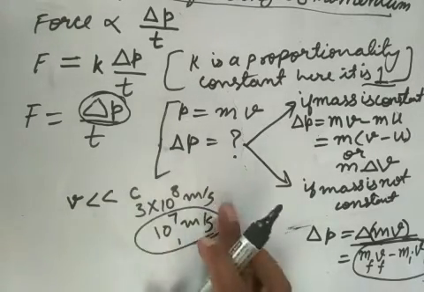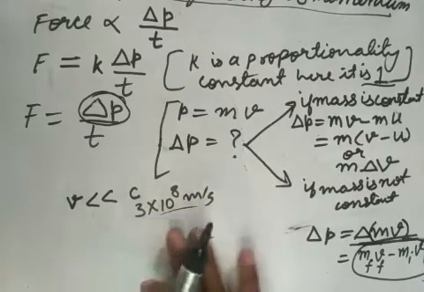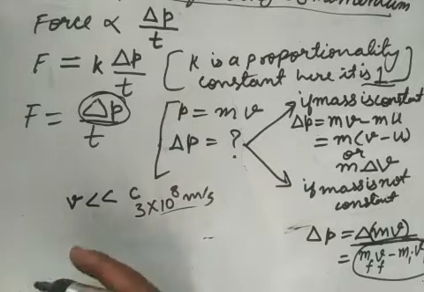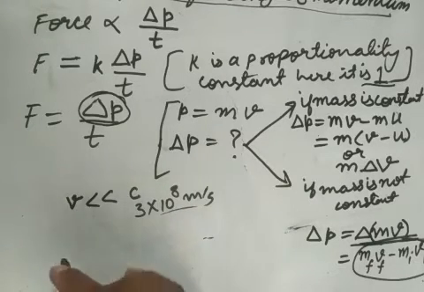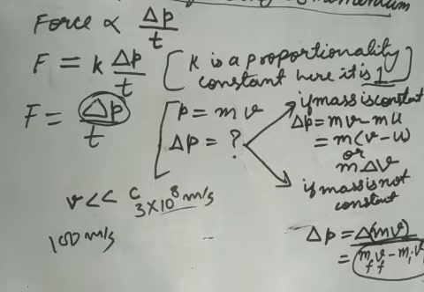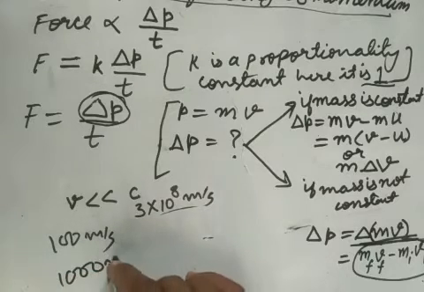If v is very much less than c, that is the speeds which we often deal with. Bullet train speed is not more than 100 meter per second. Jet plane speed, Mach 3, is about 1000 meter per second.